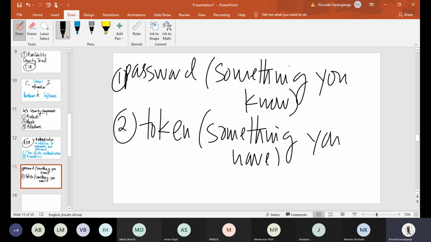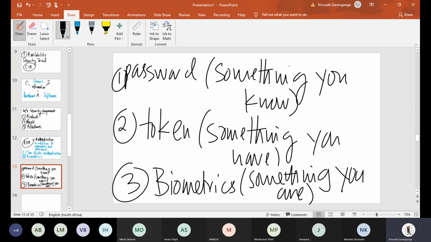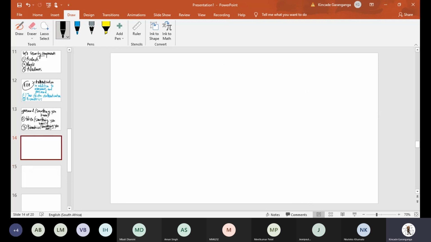And then obviously with biometrics, this is something you are. So I think it's important to take cognizance of that distinctive fact.